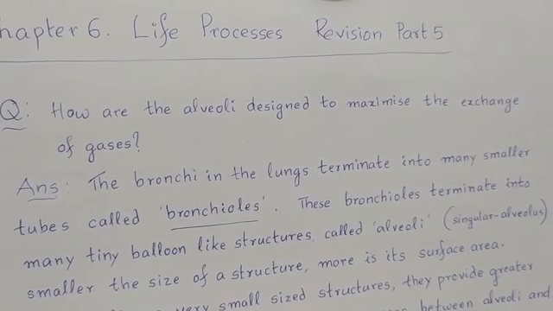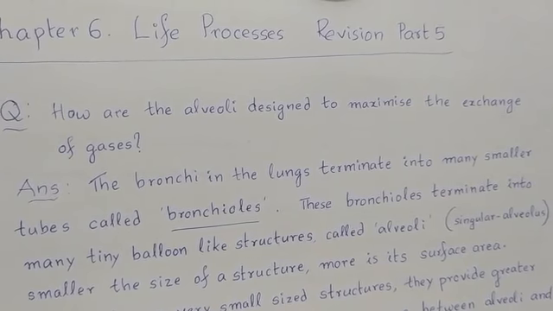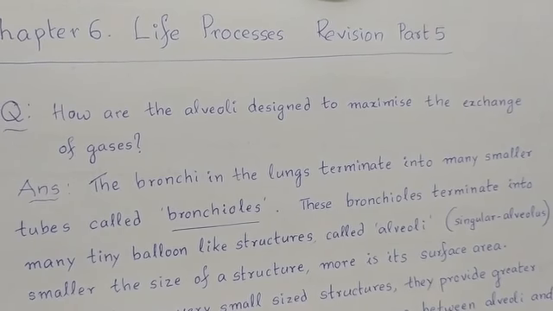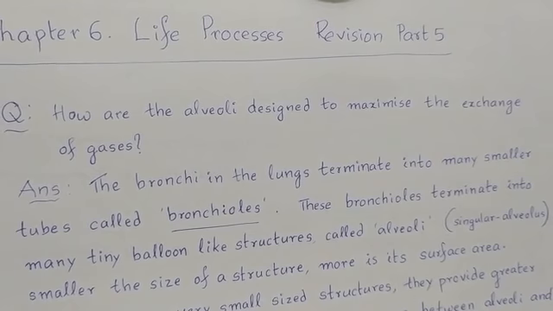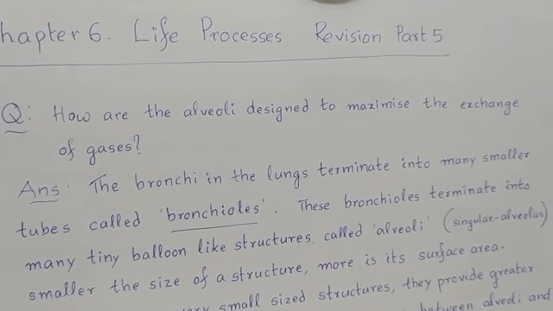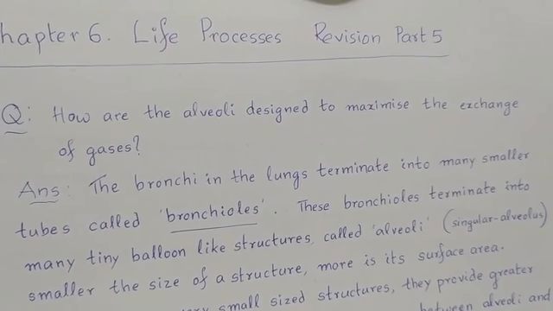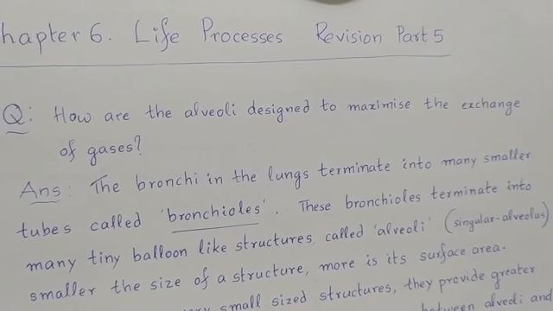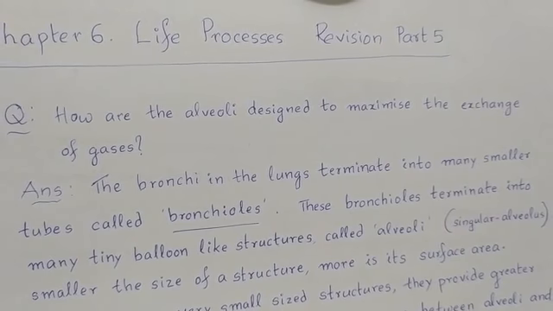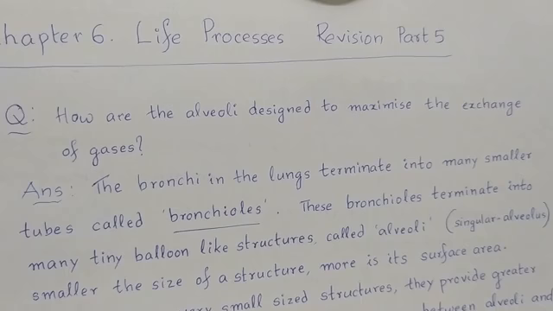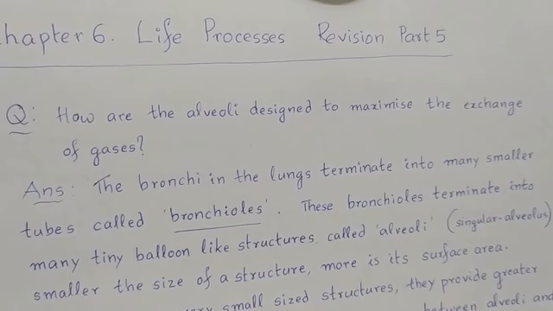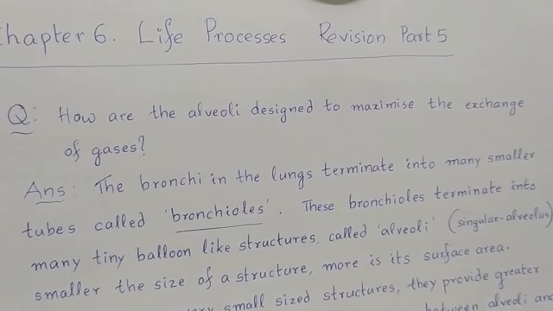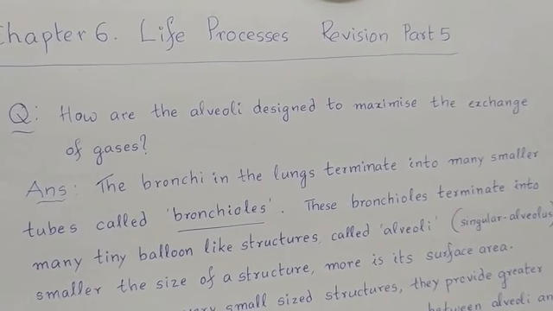If we take the entire structural details, in the respiratory tract, the trachea enters into lungs and it is divided into two large branch-like structures. They are called bronchi. Left bronchus and right bronchus.